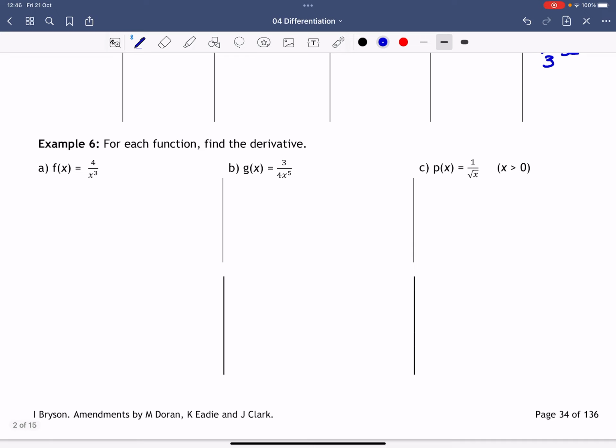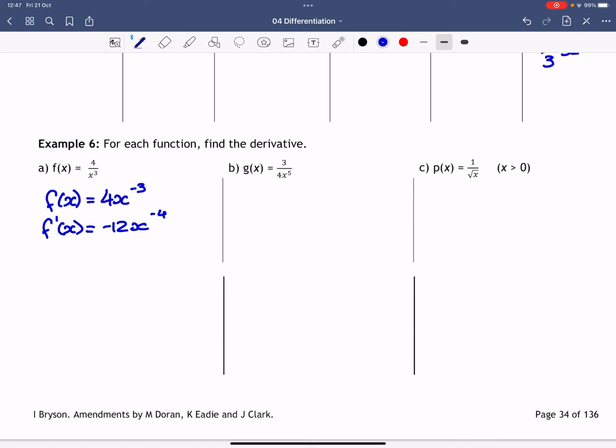So I have f of x is equal to 4 over x cubed. So if I want to differentiate that, I can't differentiate it yet. I need to prepare it because I can't have my x as part of a fraction. So I'll say that f of x, I haven't differentiated yet, f of x equals 4x to the power of negative 3. Then I can go ahead and differentiate. So we get f dashed x equals negative 12 x to the power of negative 4.